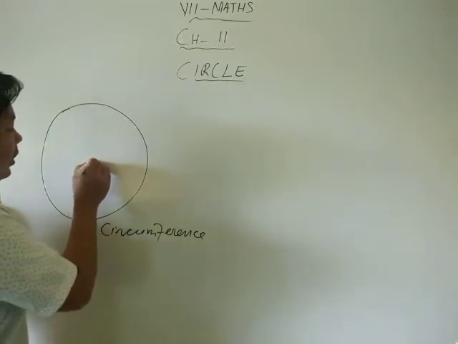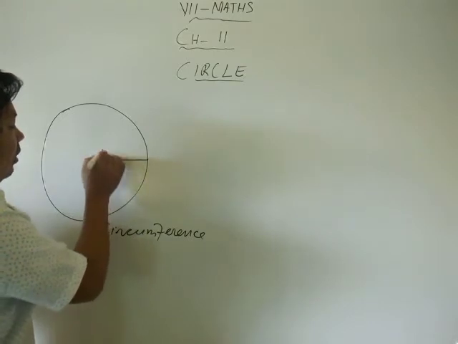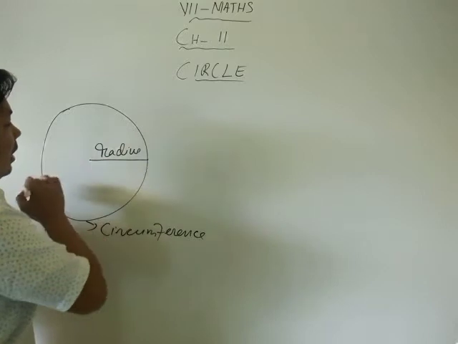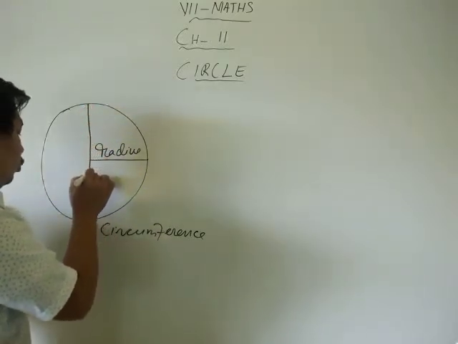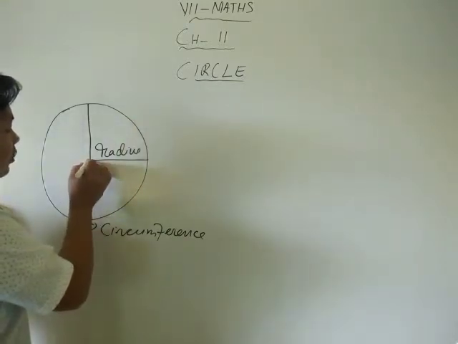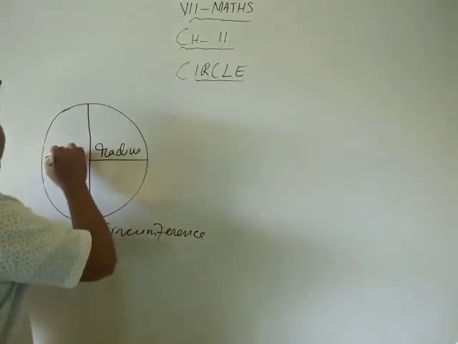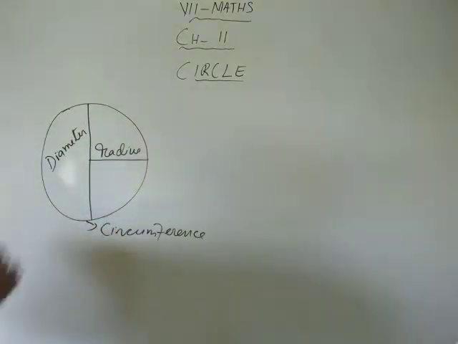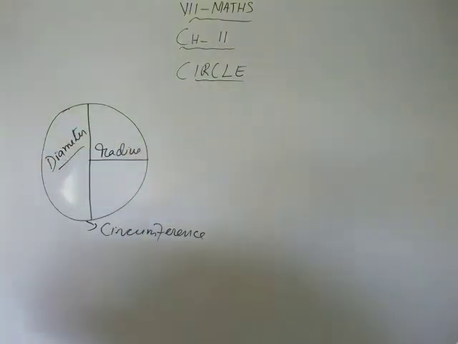A line joining a point on the circumference and the center is called the radius. The line joining any 2 points on the circumference and passing through the center is called the diameter. So this is called diameter and this is called radius, and the curved line is called circumference.